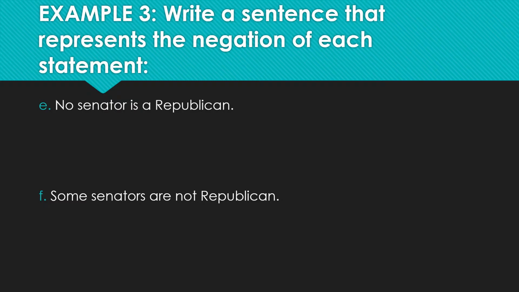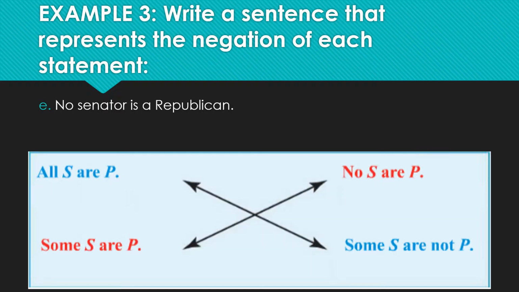All right, parts E and F, same question here. We're finding the negation. Part E says no senator is a Republican. That's the top right sentence on our little picture. So the negation of that would be some senators are Republican.